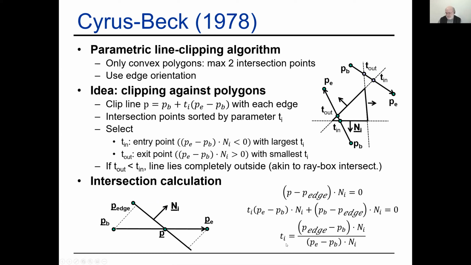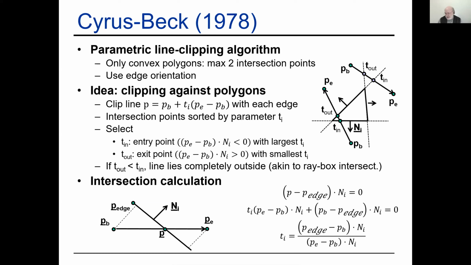If you then simplify, then this parameter ti can simply be computed by two 2D difference vectors here, and then the difference between two vectors here, and the dot product with the normal vector, and then the ratio between the two.